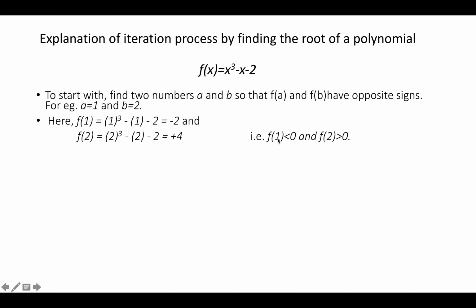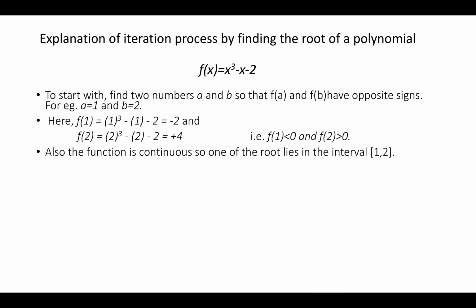So now let us see the sign of the function at a and at b. f at a equal to 1 is negative and f at b equal to 2 is positive. So our condition is satisfied. The product of the two function values is negative. So at minimum there should be one 0 between the interval 1 and 2.